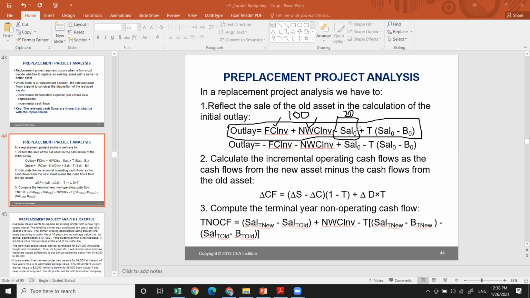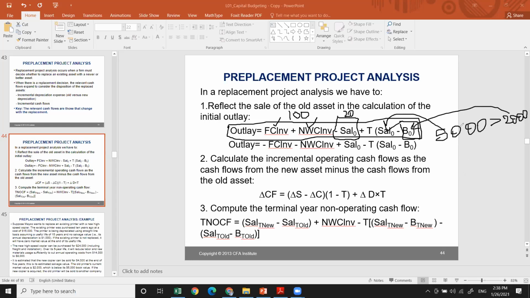So if you sell the old equipment and that sale is greater than the book value of the old equipment, say the equipment you're selling is 5,000 or 20,000, and the book value is 2,000, this is the sale, and this is the book value.